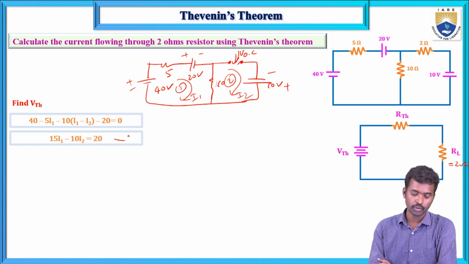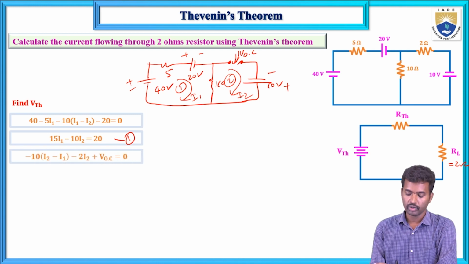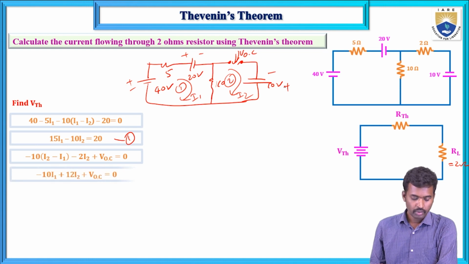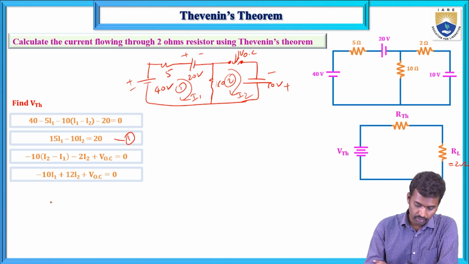This is equation number 1. Equation number 2 is 10 I2 minus I1 plus VOC and minus 10.